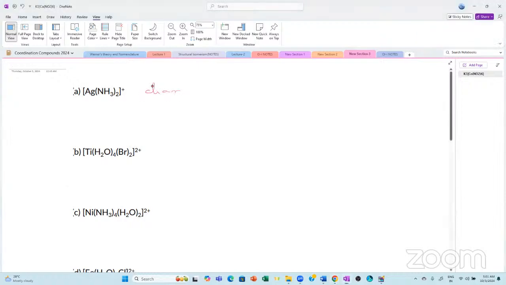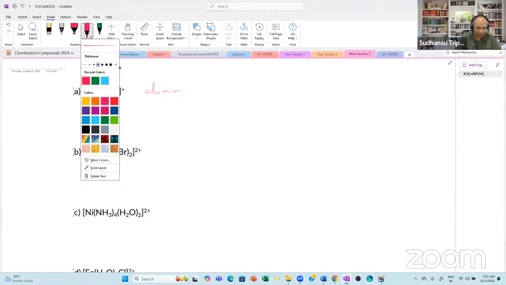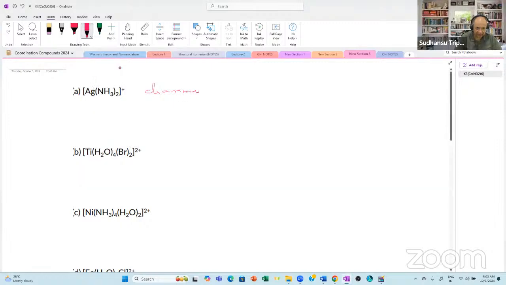Not amino, it is a ligand, diamine. The counter ion is not given. Simply you are asked to write the name of the ion. These are all cations. Diamine silver one ion.